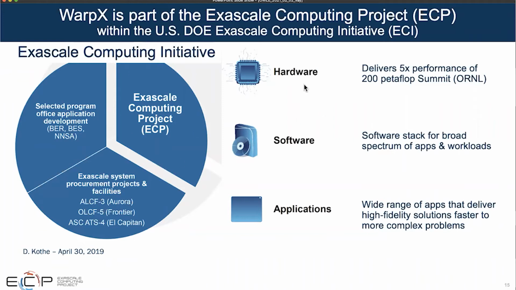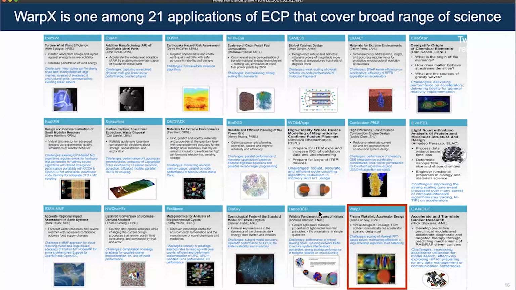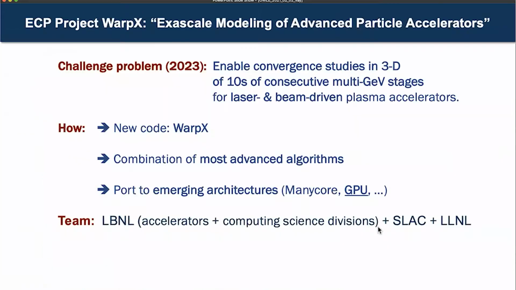In addition to the hardware, it's developing the complete software stack, from compilers up to physics applications. 21 applications were selected across the DOE science range, and the WarpX project was selected.